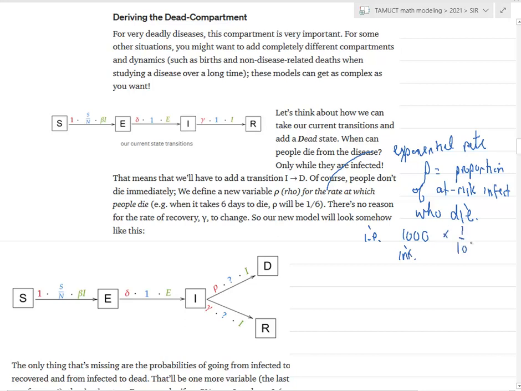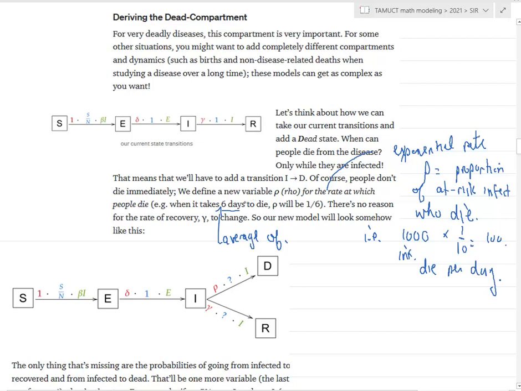So that would mean there would be 100 that die per day. And here it says when it takes 6 days, it turns out that if you have this proportion of 1/10, it takes an average of 6 days to die. So that's the average length of survival. So there's a little bit of inaccuracy there.